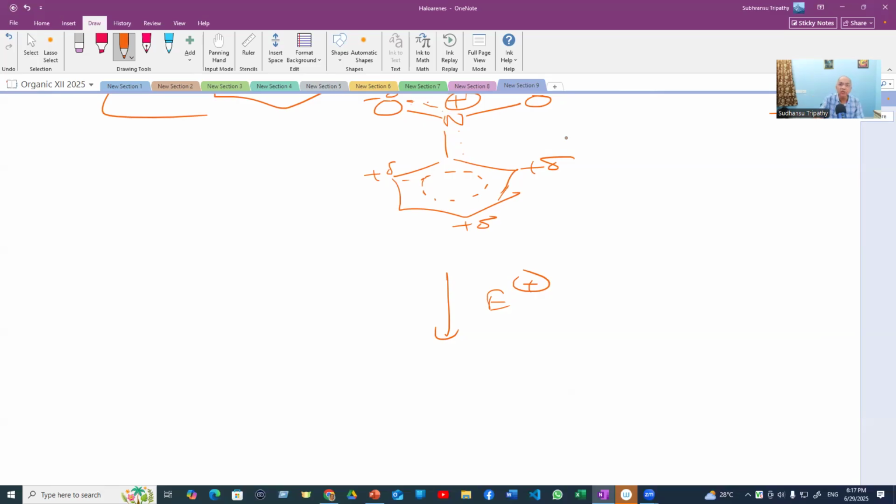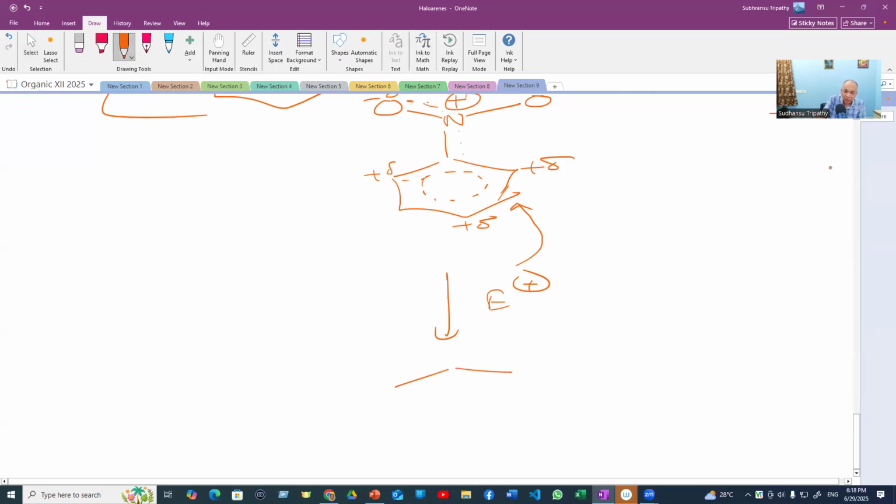But if at all it has to attack, it will attack the meta. There are two equivalent meta positions, but there is no competitor like ortho and para. With the OH group, minus delta charge is created in all three positions, two ortho and one para, so the question of probability comes. Here there is only one meta, no competition with ortho and para.